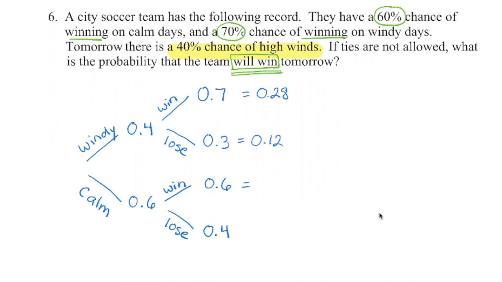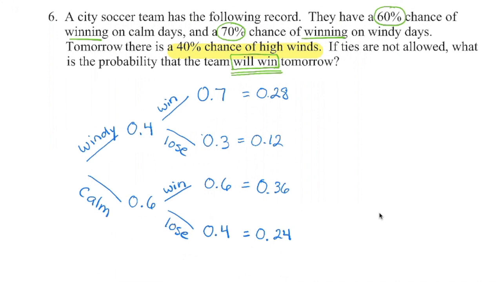Continue on here. So being calm and winning, multiply those 2 together, and we get 0.36. And then finally, if I multiply calm and losing, I'm going to get 0.24.